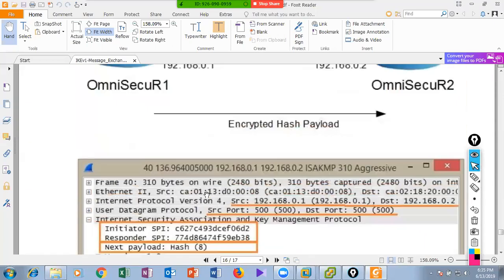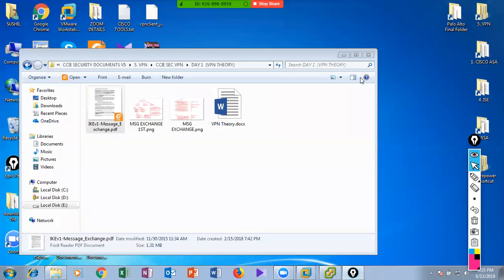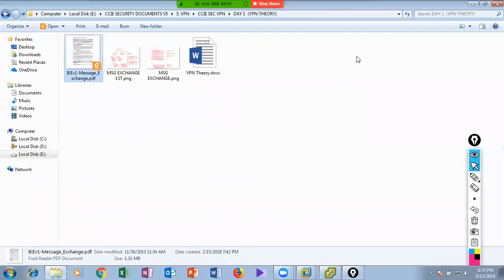So this was your main mode and the aggressive mode. Why we don't use aggressive mode is basically that the identification shared in the first and the second message exchange was not in encrypted format. That was in clear text. Once the identification happens, after receiving the Diffie-Hellman key generated by both sides with each other, only then does the encryption get started, and that happens only for the data.